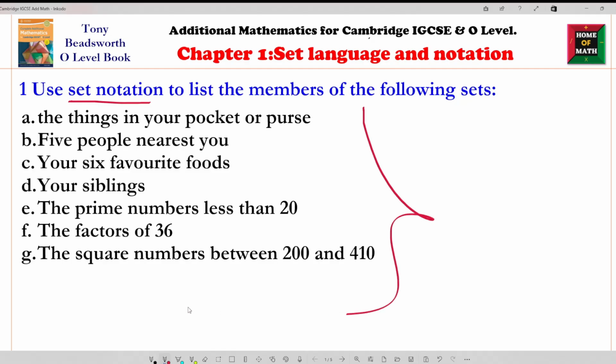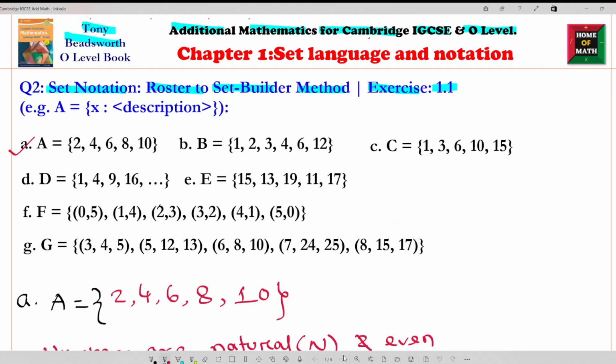Those sets we already did, and in this video we are trying to solve roster to set builder methods, exercise 1.1, Additional Mathematics for Cambridge IGCSE and O Level. And we are in chapter 1, set language and notation, and the book's writer name is Tony Beadsworth for the O Level book.